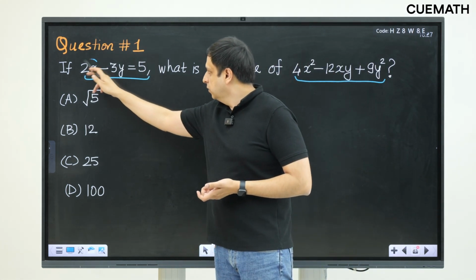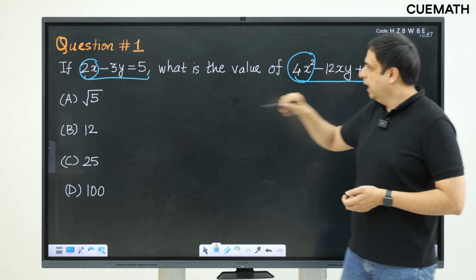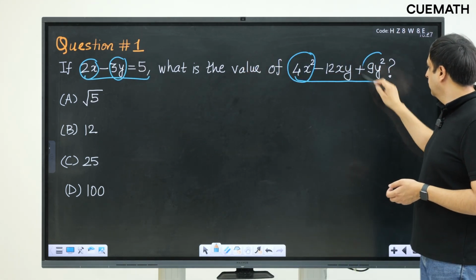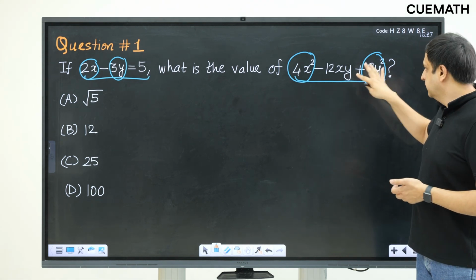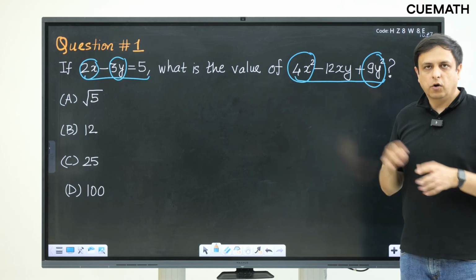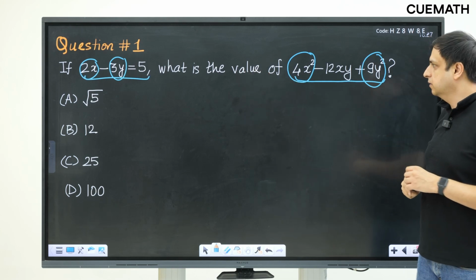We look at this 2x and we note that we have a 4x square here, and we look at 3y and we note that here we have a 9y square. So that indicates to us that this expression is perhaps some square, or related to the square of that original expression on the left side.